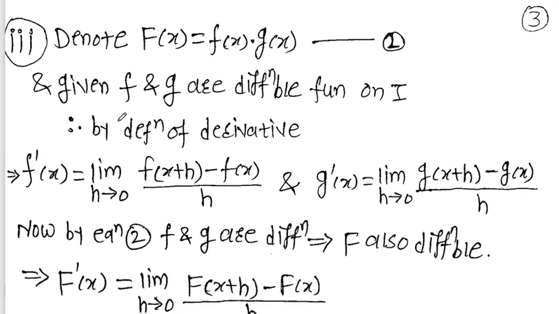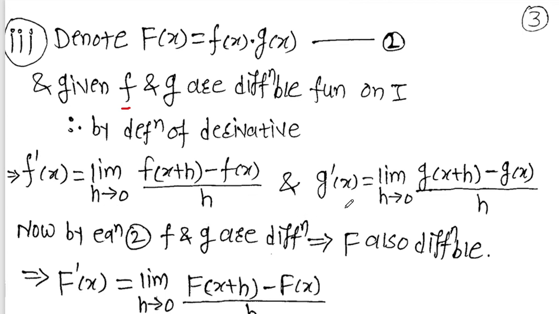For that we will denote capital F(x) equal to f(x) into g(x). Let us consider this as equation number 2. Also we are given that f and g are differentiable functions on an interval I. So again by using the definition of the derivative, f'(x) equals limit h tends to 0, (f(x+h) − f(x))/h.